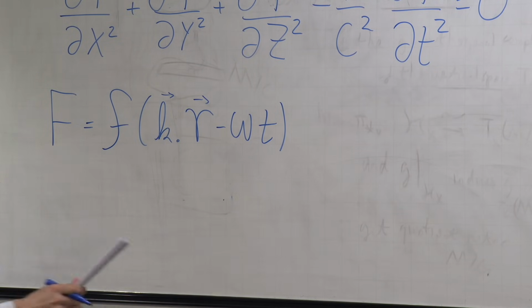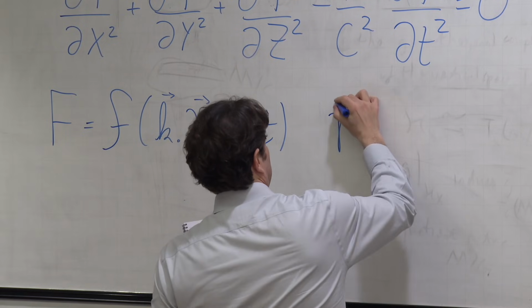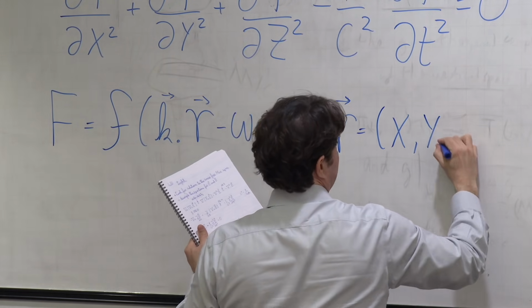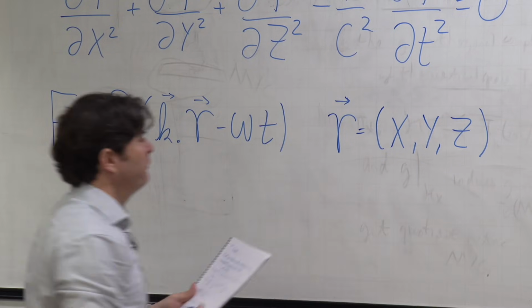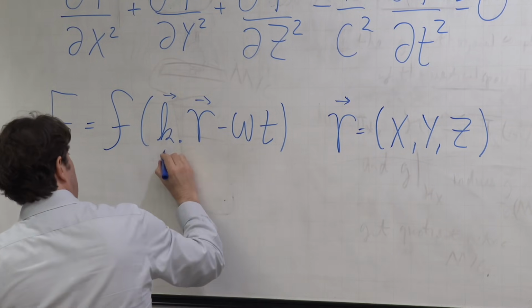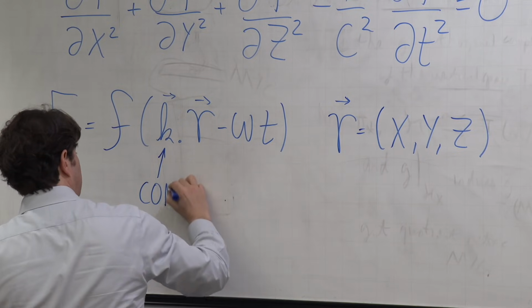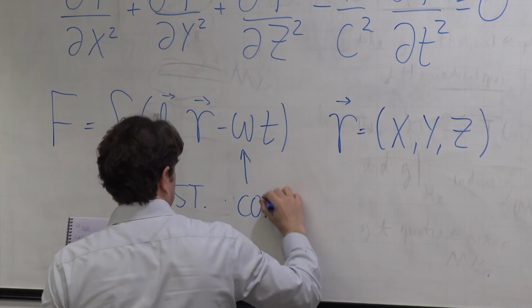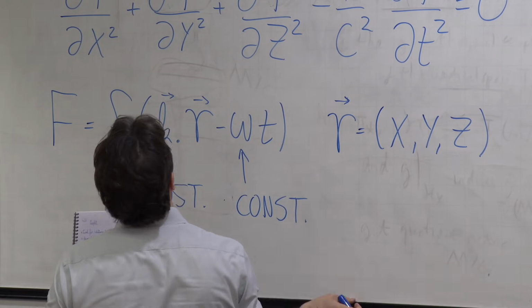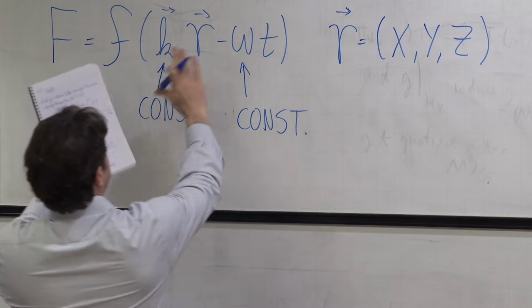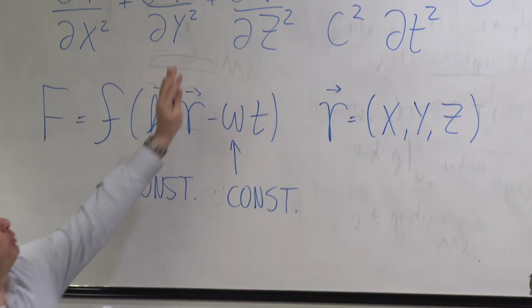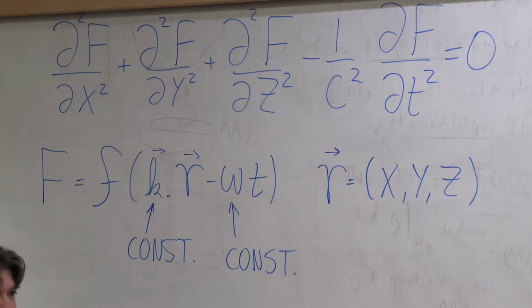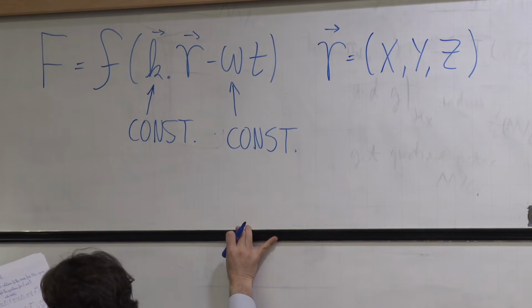Here r is the usual xyz position vector, k is a constant, and omega is also a constant. You take this, put it in f, you take derivatives, and you see that actually it works perfectly.